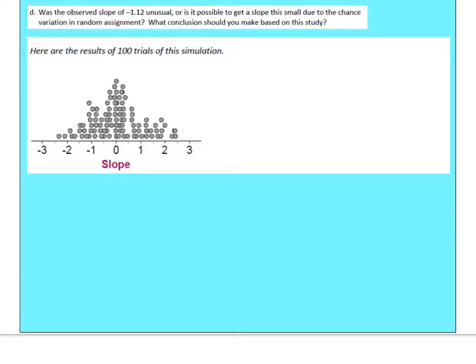Well, if we look at where the slope would be, it would be somewhere in here. Of all these 100 trials that we see, it looks like possibly about 10 out of 100 have a slope less than negative 1.12 or even more extreme. So we're talking about a 10% chance.